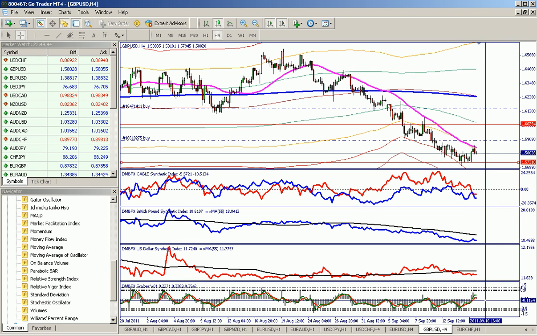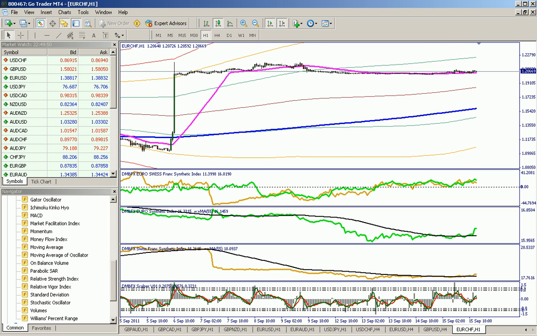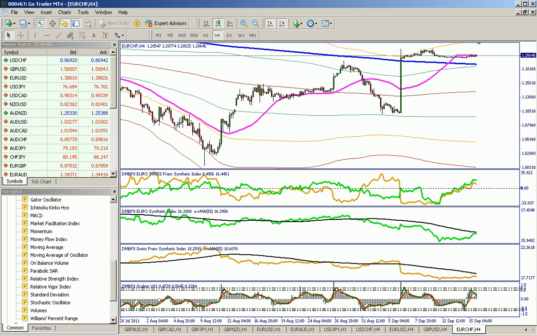Now, looking at the third and final currency pair, which is the euro versus the Swiss franc, you'll see that it had a pretty big spike up here, and has continued ranging at this level at the moment, pretty much above the long-term moving average.